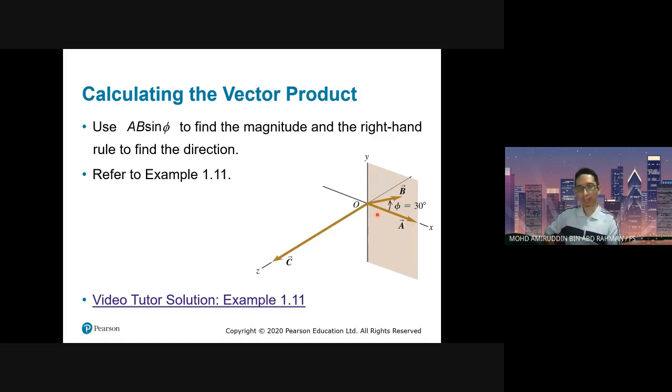This is basically the basics of what you will learn later in the electromagnetism subject. Now we are looking at an example on how to calculate the vector product.